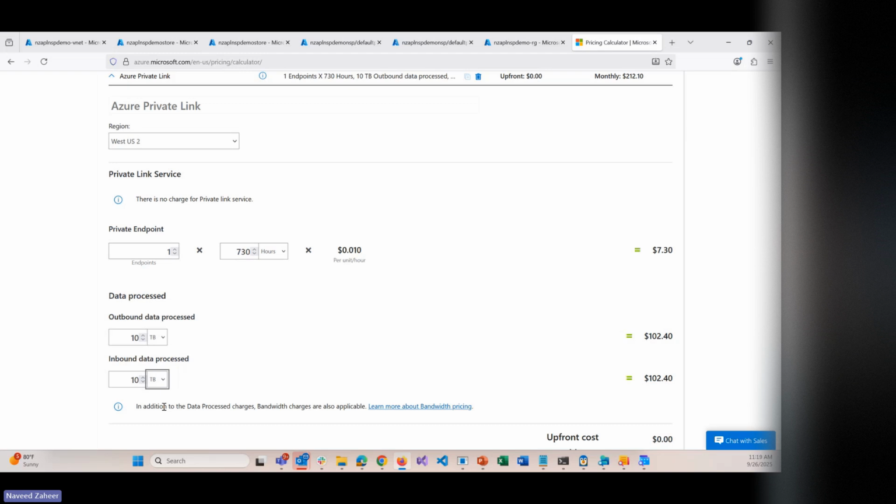And if you have tens of these accounts, 10, 20 accounts, now we are talking about a significant amount of money, like $50,000. That's where an NSP-based architecture can save you money, because remember, NSP doesn't have that cost.